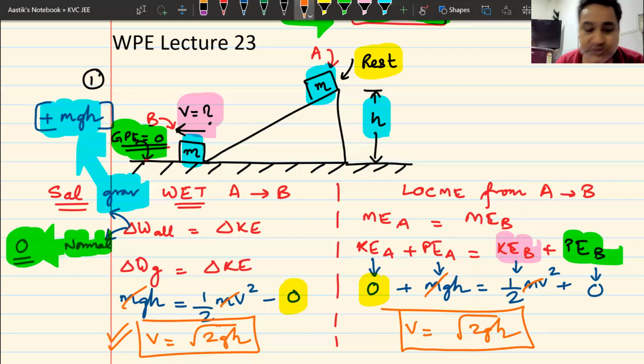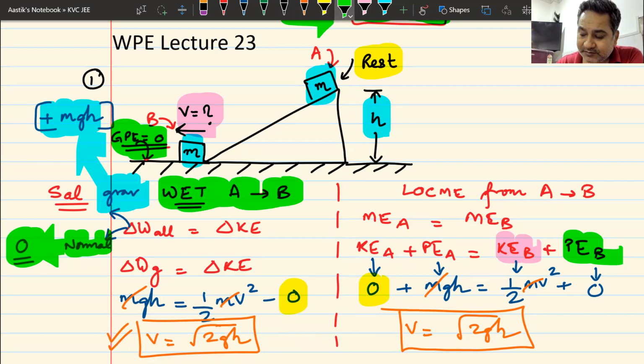What is the moral of the story here? Anyone? The problem that could be done by work energy theorem can now also be done using LOCME. Remember, my work energy theorem is the mother theorem. Mother can always do everything.